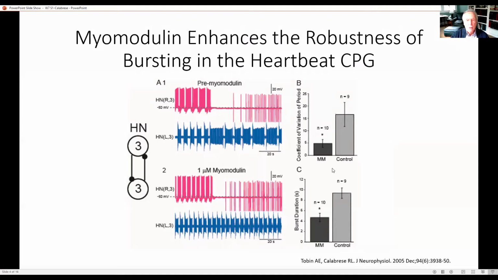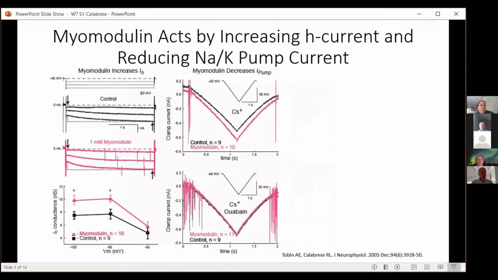This is shown here: myomodulin decreases the coefficient of variation in the period here versus here, and it also decreases the burst duration here versus here.